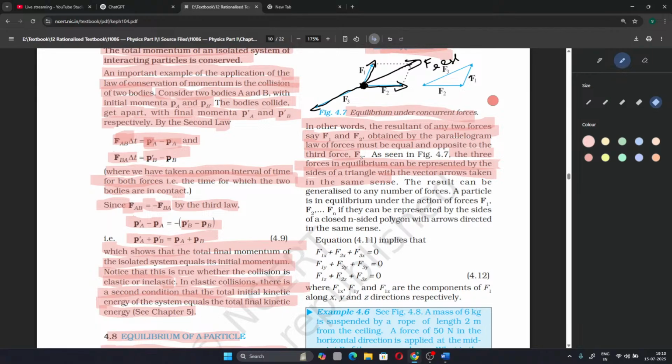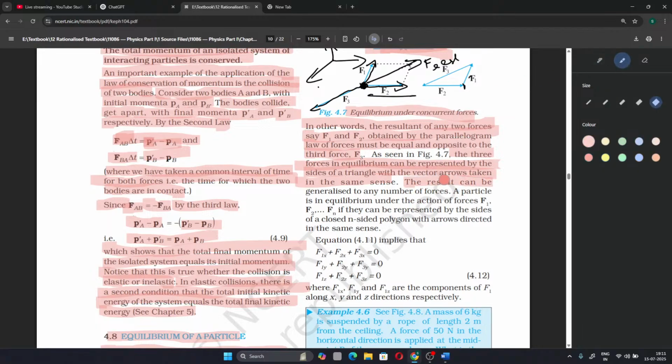It is basically the same thing. We can write the F3 vector like this, take the F2 vector from here to here and the F1 vector from here to here. Doesn't this diagram look the same as this one? That is basically what they're saying here.